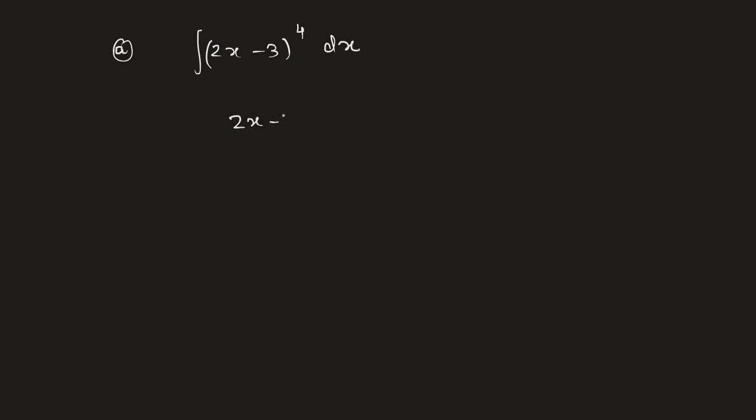So (2x minus 3) to the power 4 plus 1, and upon 4 plus 1. Now when we used to differentiate this inside linear function, what would be differentiation of this linear function? 2. So instead of multiplying it by 2, we'll divide it by 2.